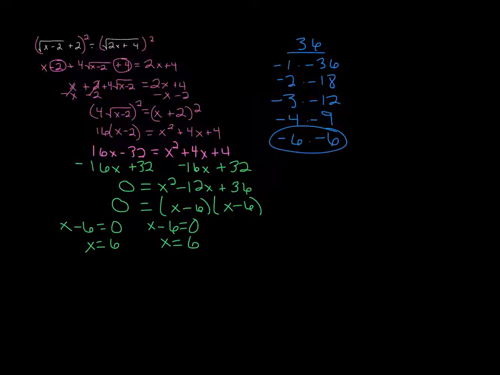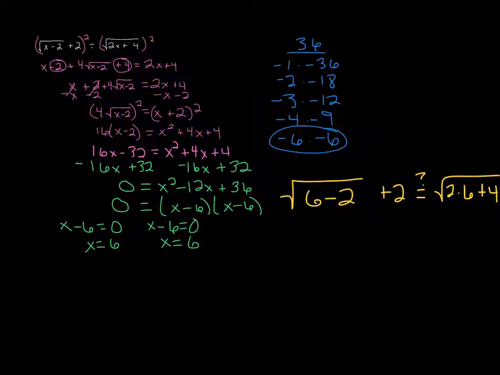So let's plug it in. If x is 6, we have square root of 6 minus 2 plus 2, and should equal square root of 2 times 6 plus 4. 6 minus 2 is 4.